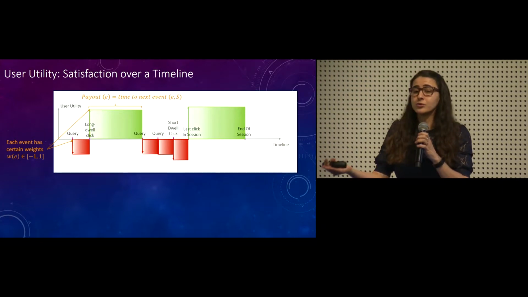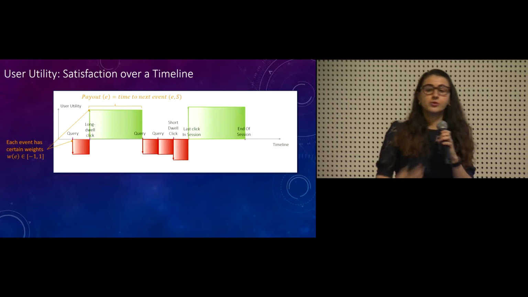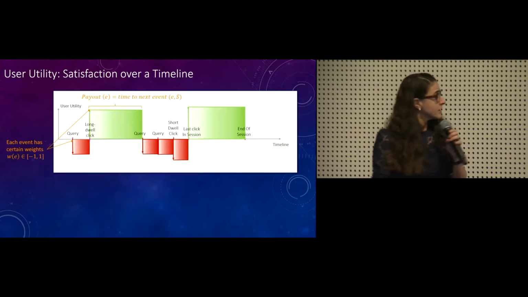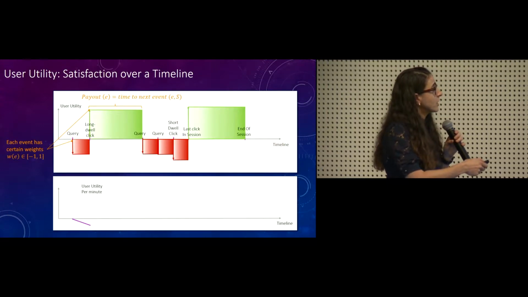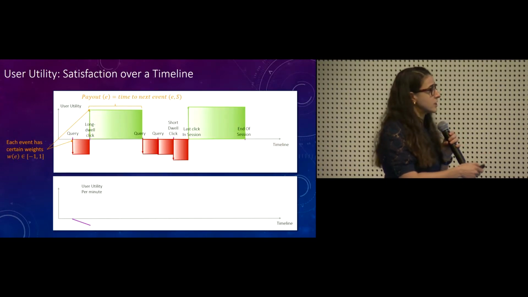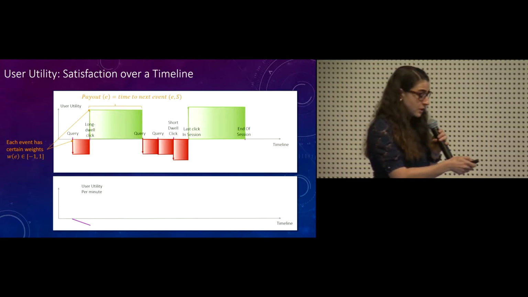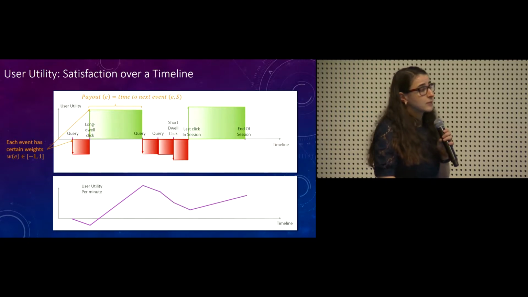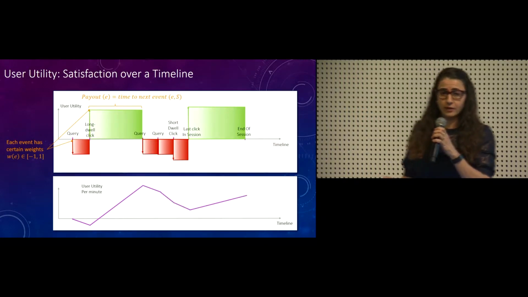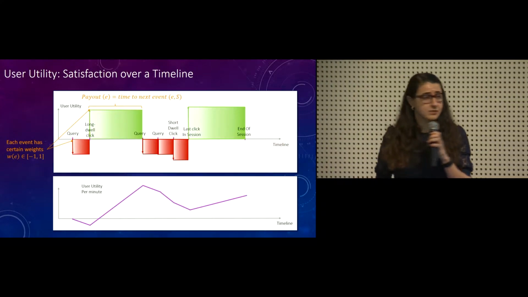This is the amount of time that the user spent either looking for information or consuming information. Utility is then simply an integration over the areas of the squares that you see. In the beginning, the user is struggling, so it's a negative utility. Next, they go somewhere they like, they struggle a little bit more, and then end their session on a high note. This is the measure that we'll be using to measure user satisfaction.